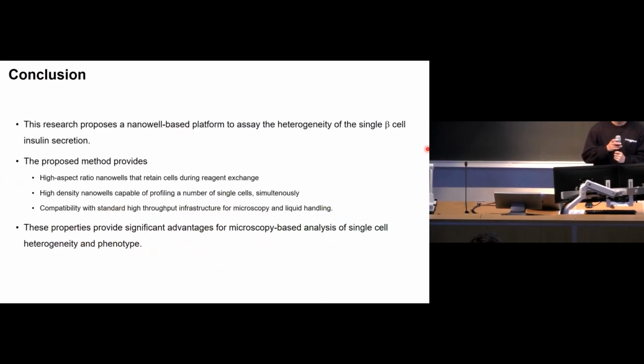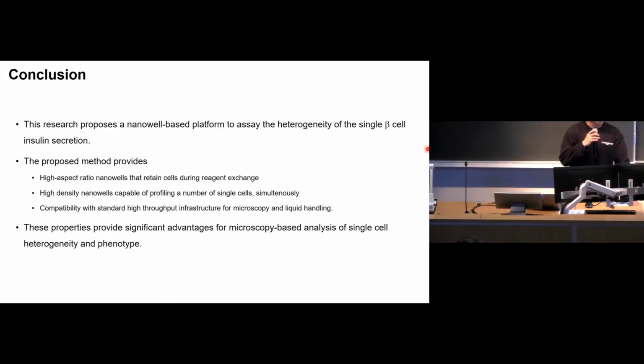This research proposed a nanowell-based platform to measure the heterogeneity of single beta cell insulin secretion, and we fabricated high aspect ratio nanowells that can contain cells embedded in the same position through the whole assay protocol.